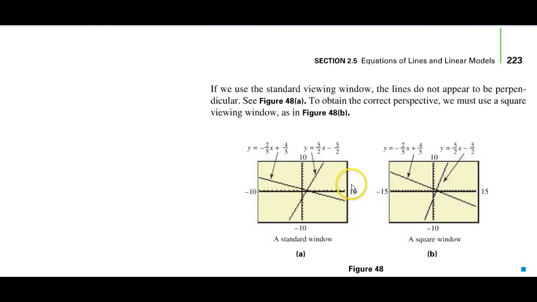And there they're showing it. Here, because of the way this is set up, they don't look quite perpendicular. Here they had to change the window size, so now they do look perpendicular. Okay.